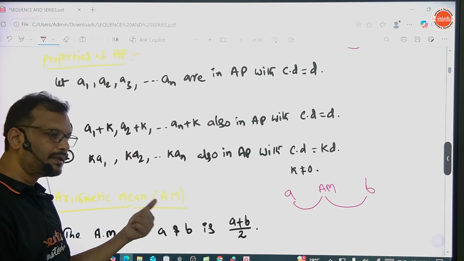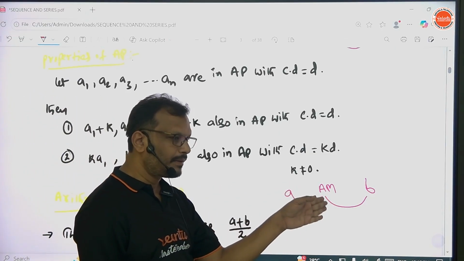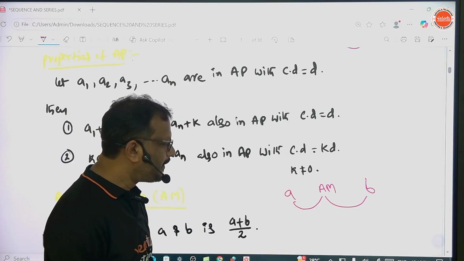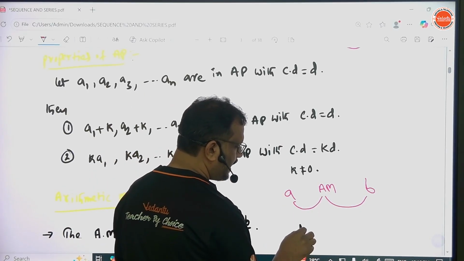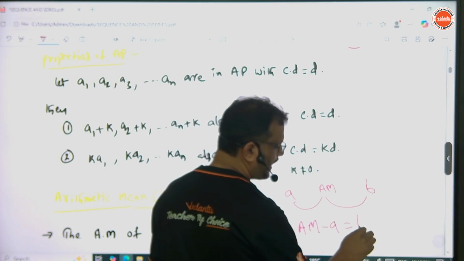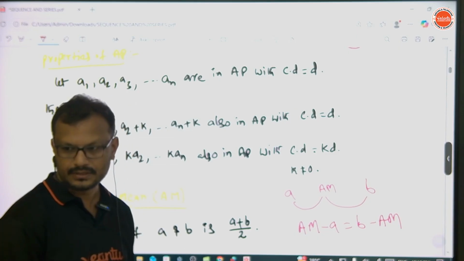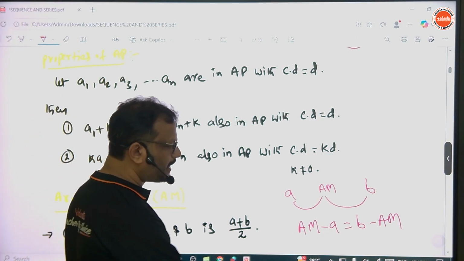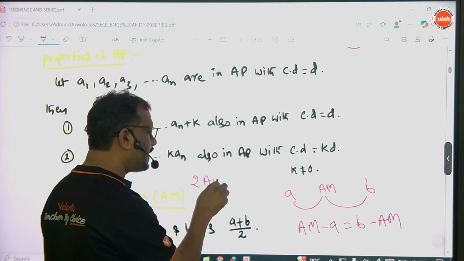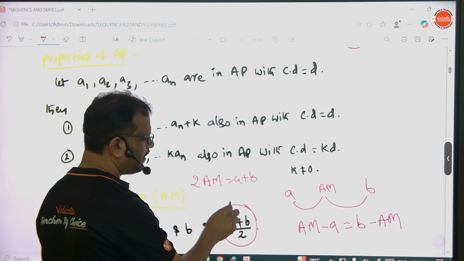If AM is the arithmetic mean between A and B, then A, AM and B will be in arithmetic progression. Then AM minus A and B minus AM are the same according to the arithmetic progression rule. If it is the same, then 2 times AM equals A plus B. Therefore, AM equals A plus B by 2.